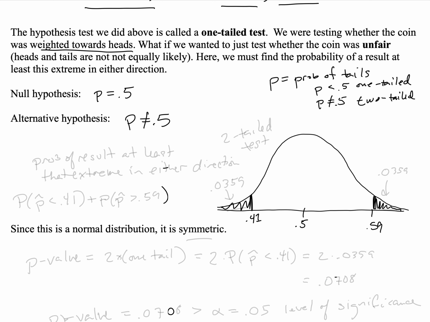So if we're talking about a two-tailed test, remember with the normal distribution, these little pieces are called tails, then we're looking for the probability of a result at least that extreme in either direction.